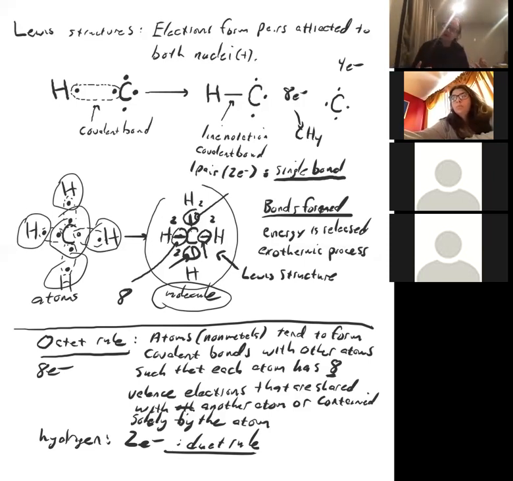So covalent bonding is driven by this very simple phenomenon that atoms will try to have 8 valence electrons. Now, why 8? Why not 9? Why not 10? Why not 13? Well, it really comes down to noble gases, interestingly enough. If you look at the noble gases, they give us a little hint.